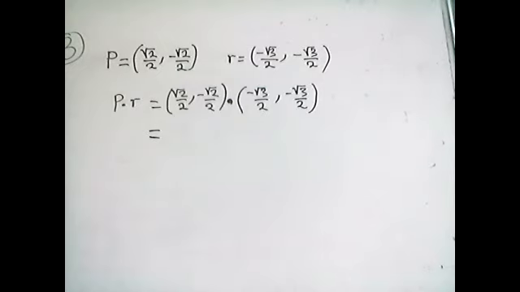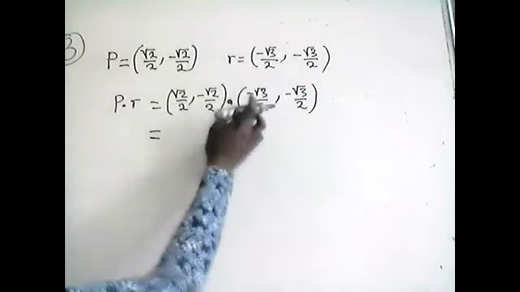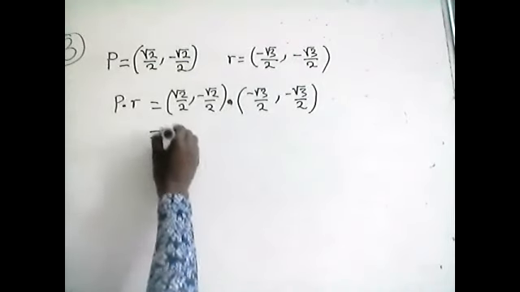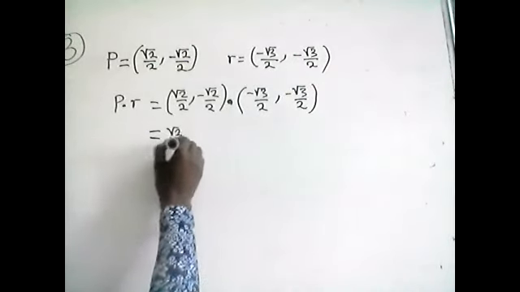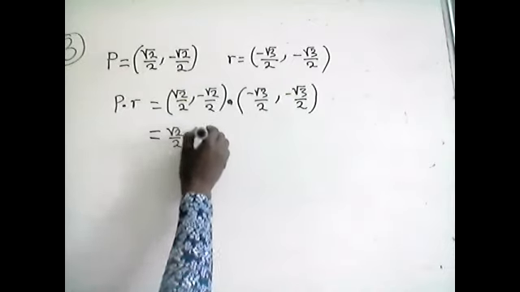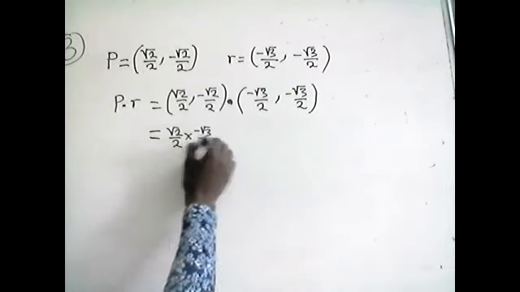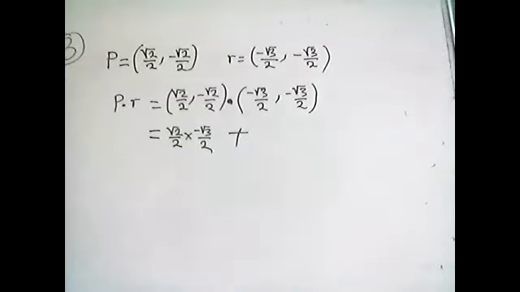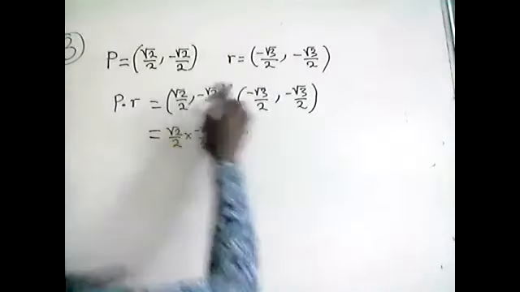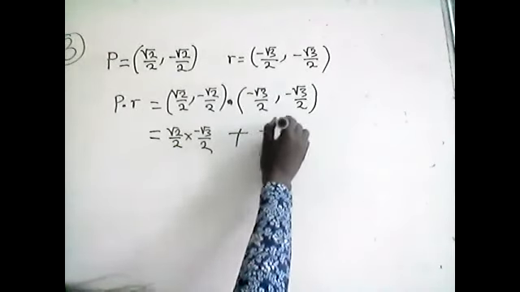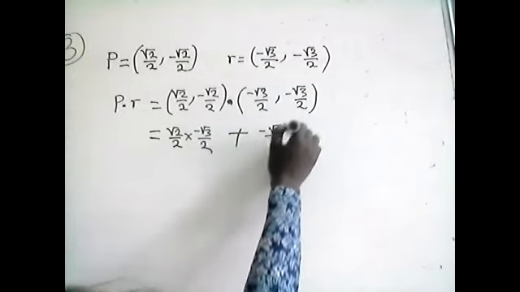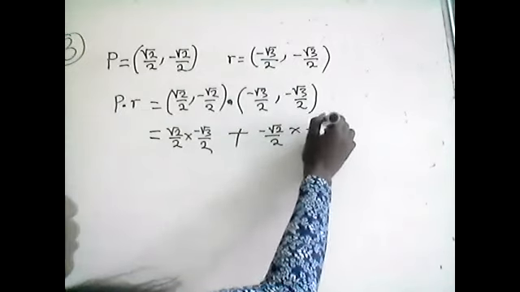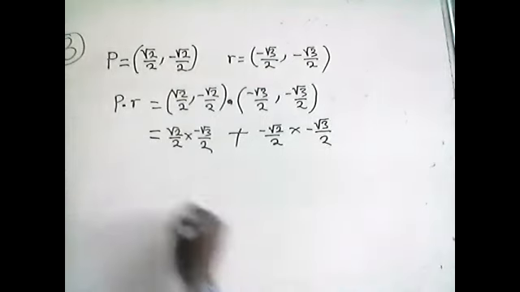So multiply the corresponding elements. So we have this multiplied by that. So this is going to be root 2 over 2 times negative root 3 over 2 plus negative root 2 over 2 multiplied by negative root 3 over 2.